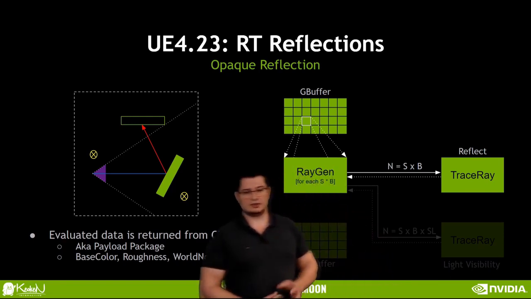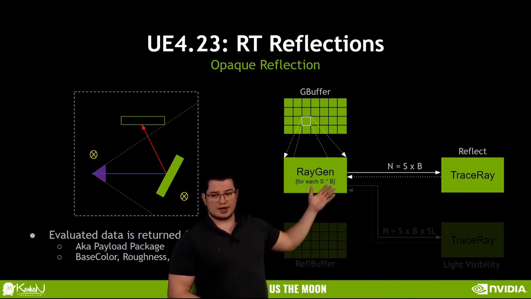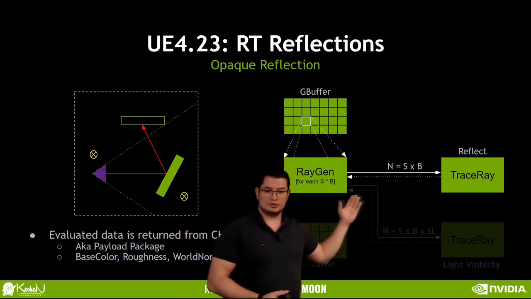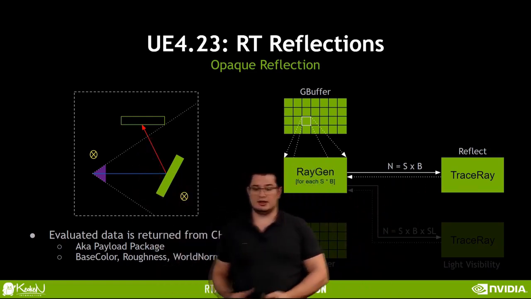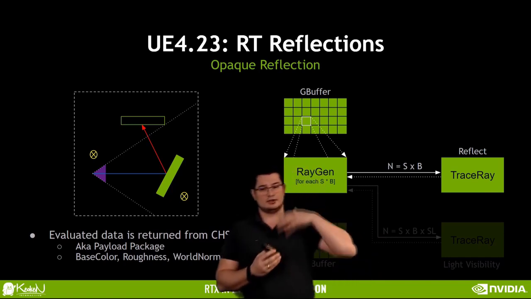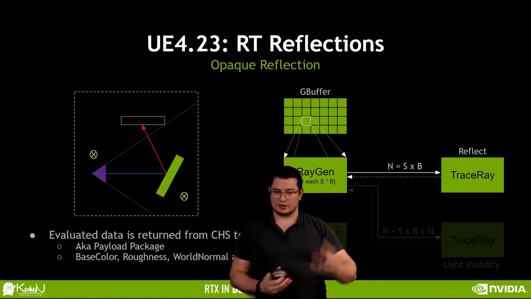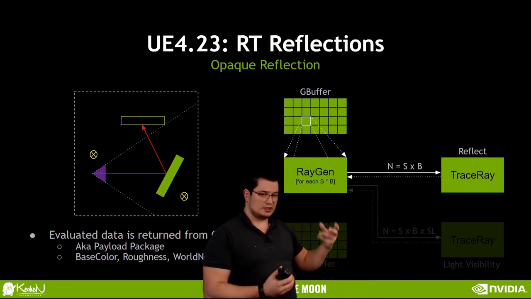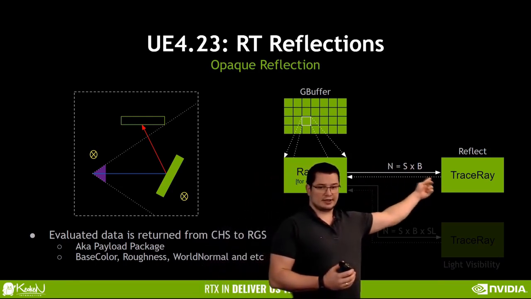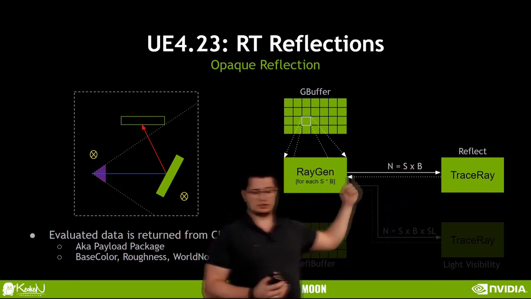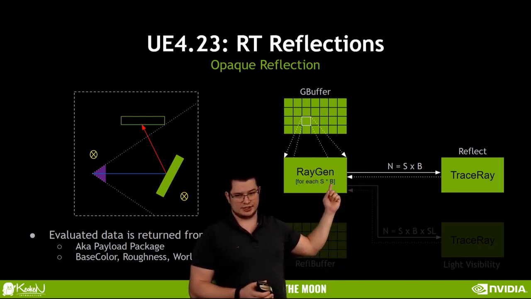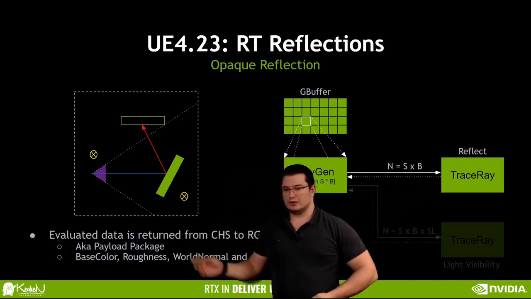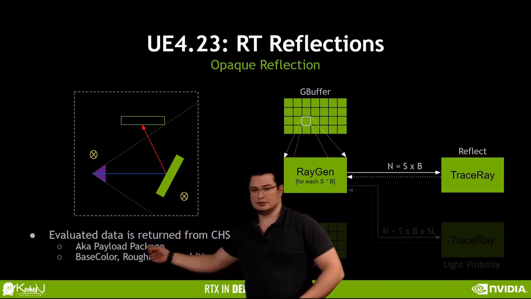So the RayGen shader creates those rays, casts them to intersect with some geometry, and after it intersects, it evaluates your material in the closest hit shader, and the evaluated data gets back from the closest hit shader to the RayGen shader. We usually call this the payload package.